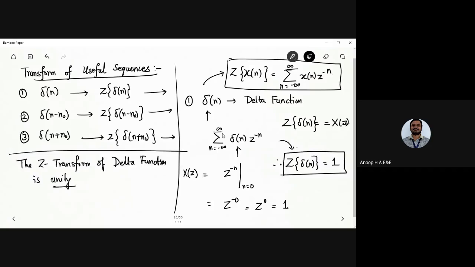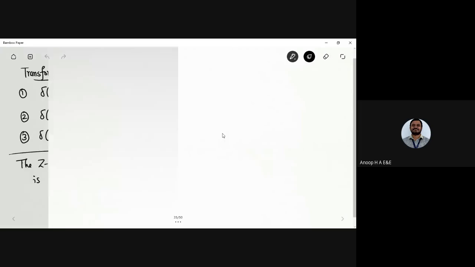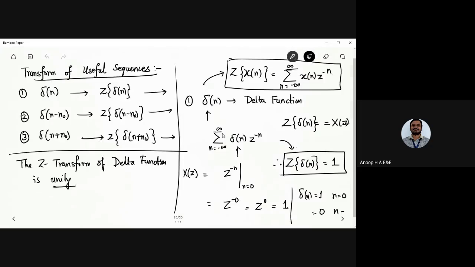Delta of n is equal to 1 at n equal to 0 alone, and it is 0 when n is not equal to 0. That is one thing that you will be analyzing there. So the z transform of a delta function is said to be unity.